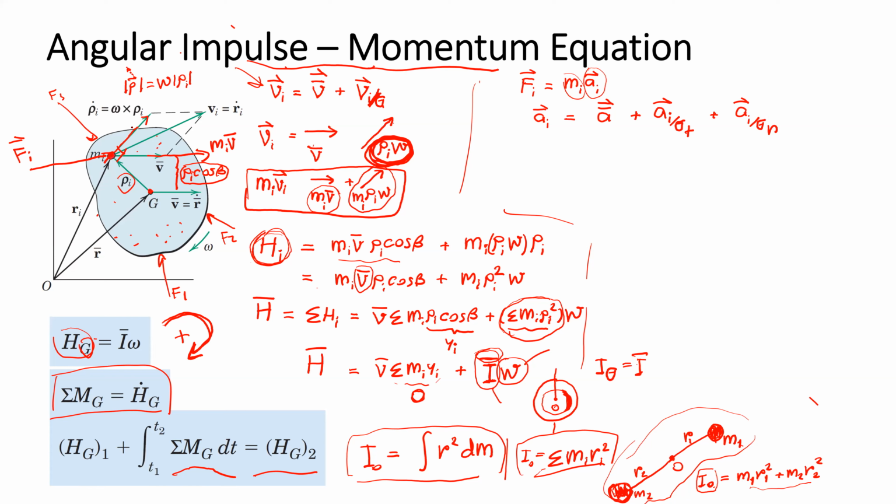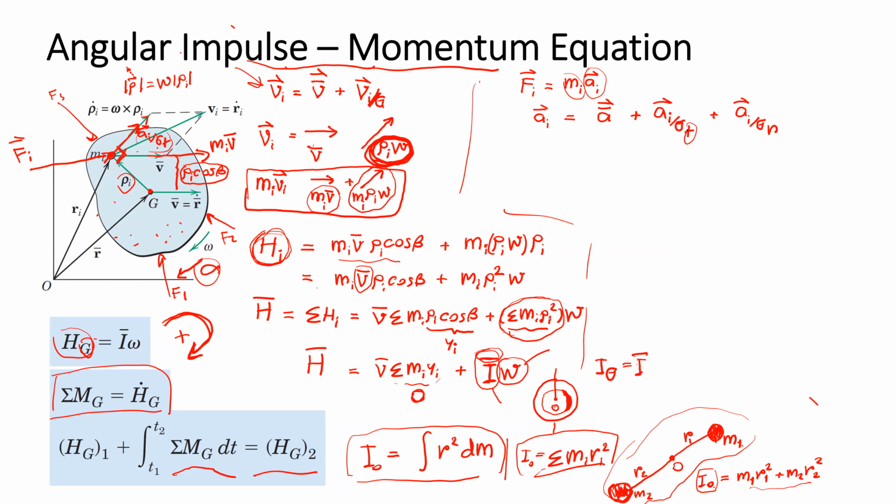Here, the tangential acceleration, a_i/G in the tangent direction, depends on the direction of the alpha. If alpha is clockwise, the tangential acceleration will go upward like this, perpendicular to the radius.